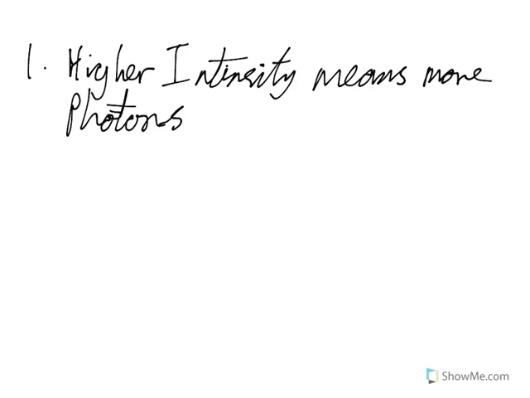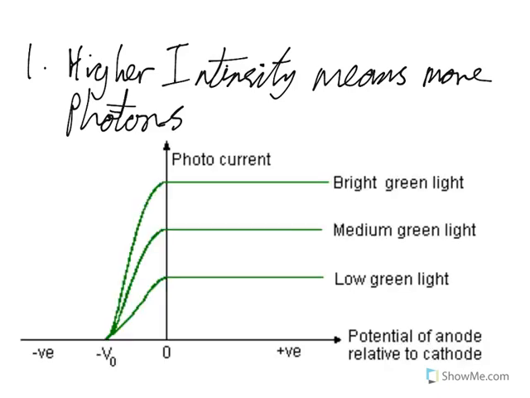And if you look at this graph, which is in your notes, this kind of indicates it. Here we've got green light, and our stopping voltage is the same regardless. For low green light, we get up to this point and then we get that current. For medium light, we get a higher current, and for bright green light, a higher current again.